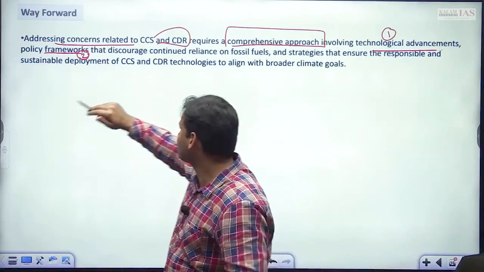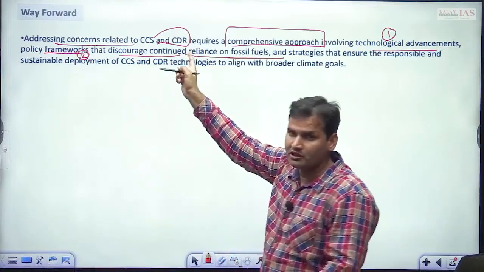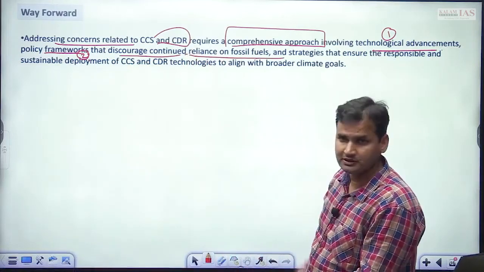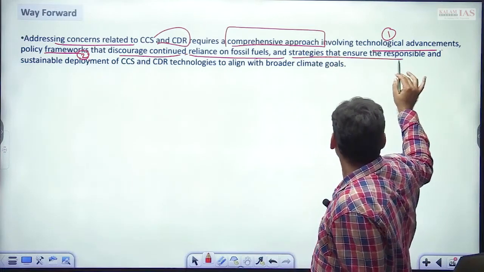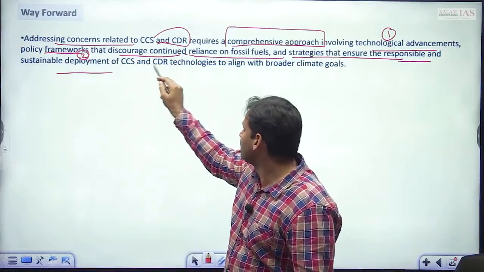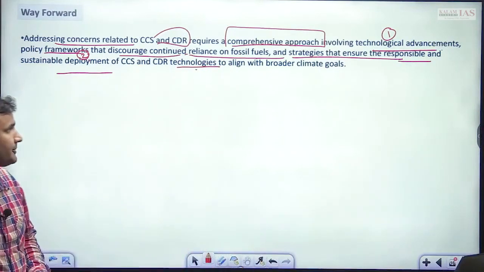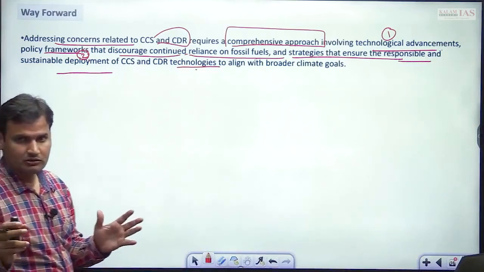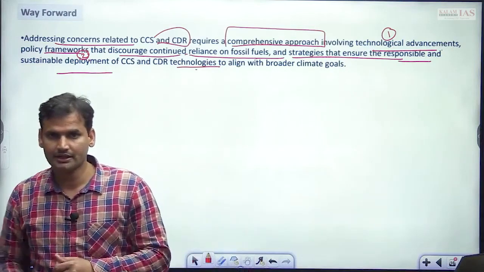So policy frameworks that discourage continued reliance on fossil fuels are also required. That is a must. And strategies that ensure responsible and sustainable deployment of these technologies, that is CCS and CDR, for broader climate goals. So that is the way forward, right?